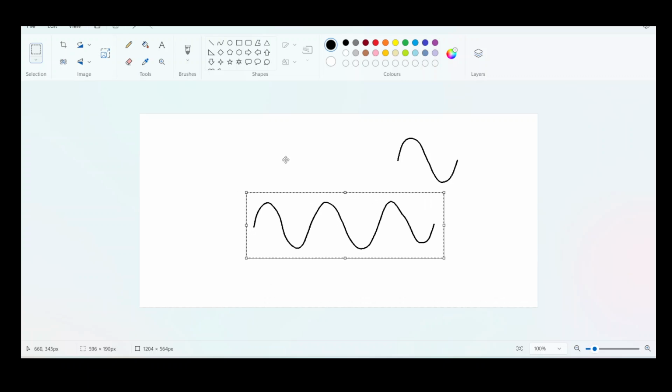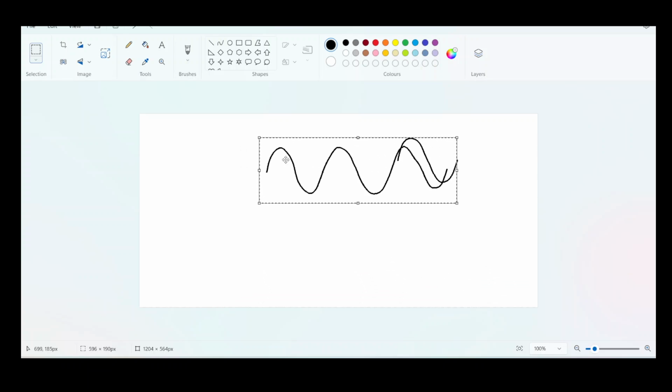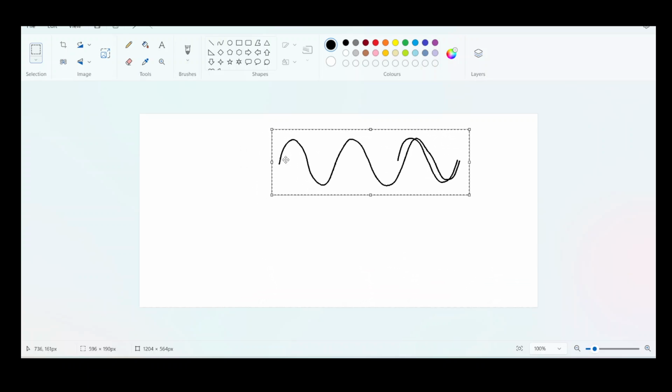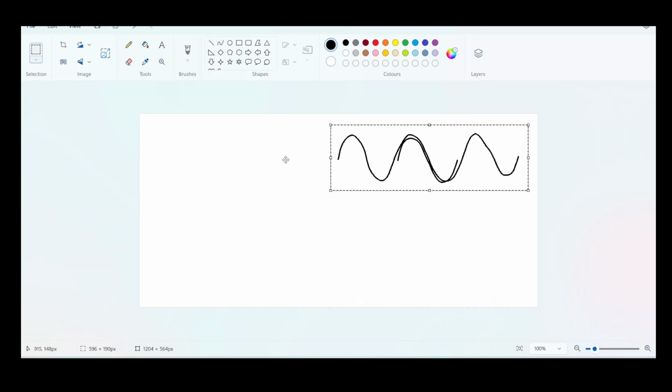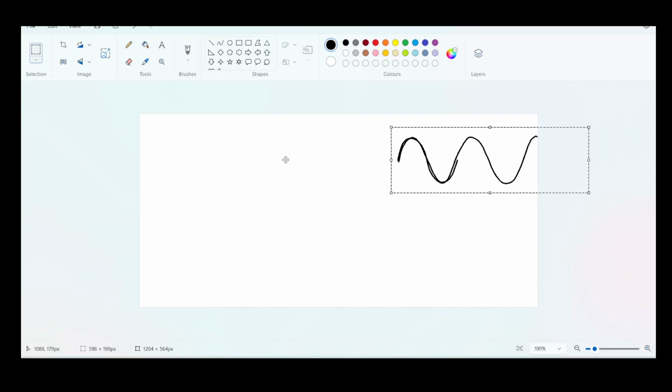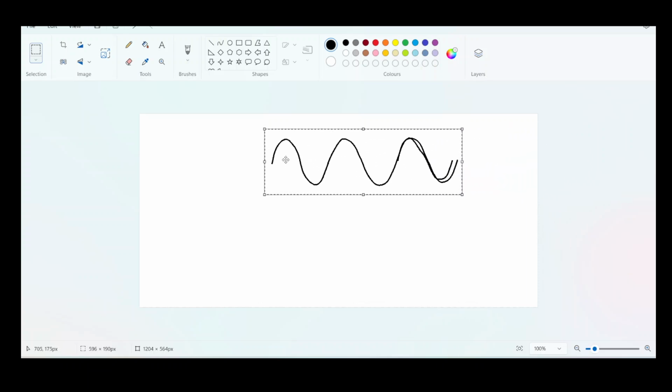Say the upper wave has covered this distance lambda, and the lower wave is now interfering two waves ahead, 2 lambda ahead, but still crest is meeting the crest, trough is meeting the trough. So the path difference in the two waves is 2 lambda. If I go further ahead, the path difference is 3 lambda. So if you have 3 lambda, 2 lambda, 1 lambda, and so on, then you have constructive interference.